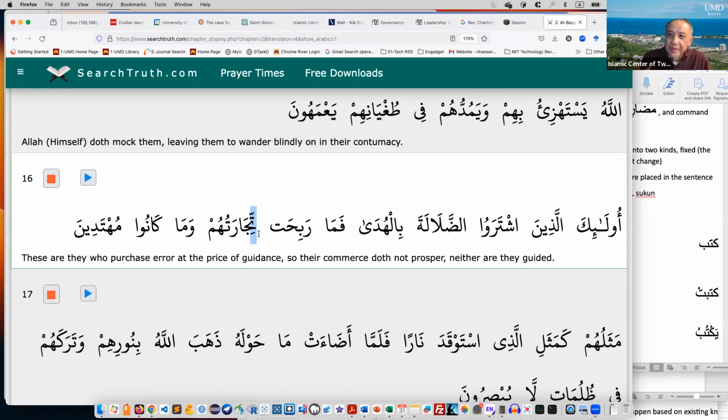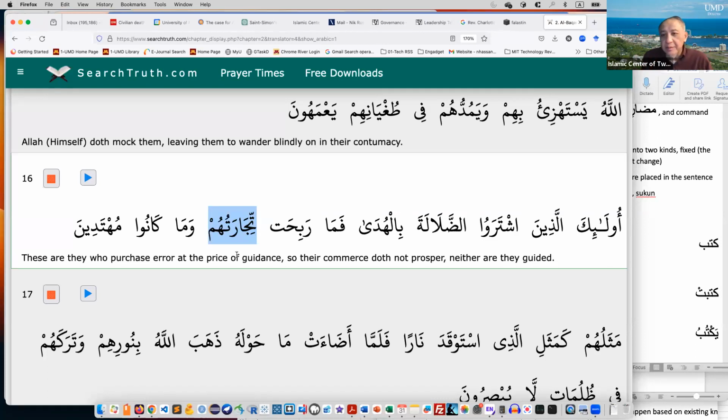In this case, the ta is not added, it's part of the root word. Another reason, which we haven't learned yet, is the pronoun at the end. That's saying their business. Tijaratuhum.